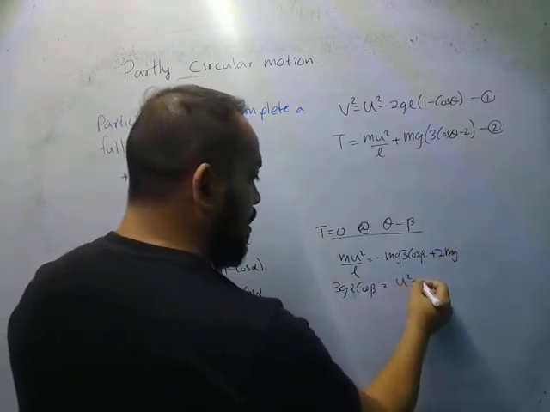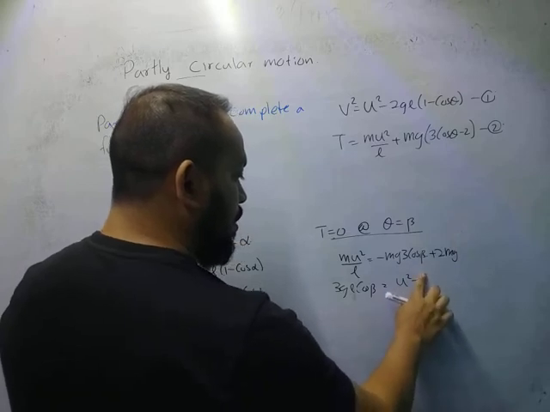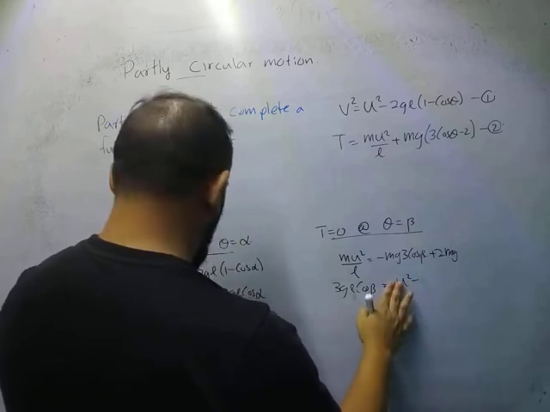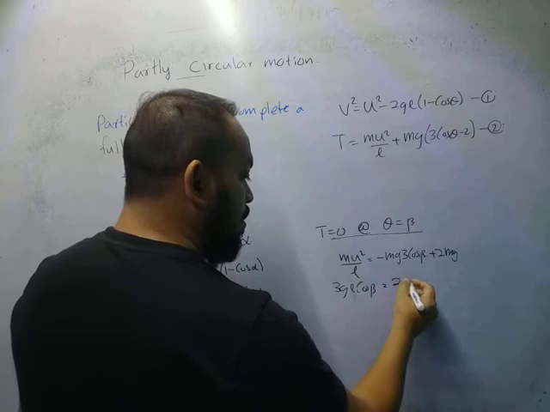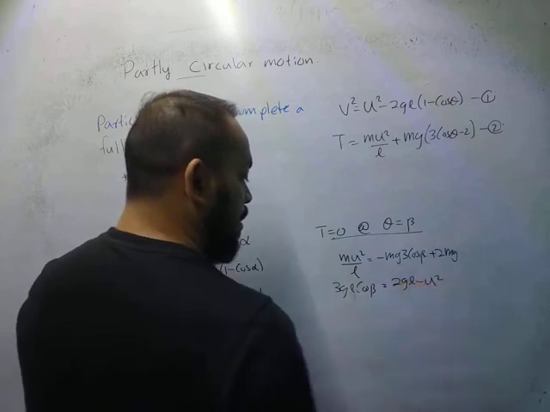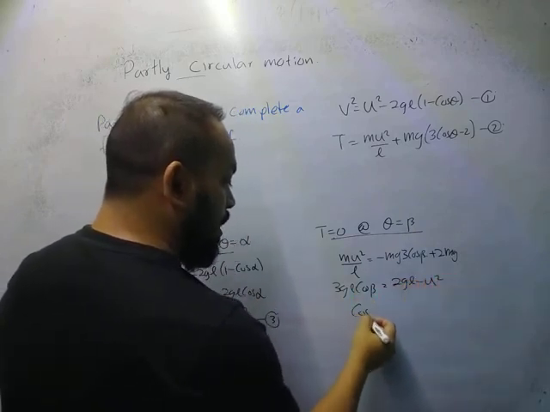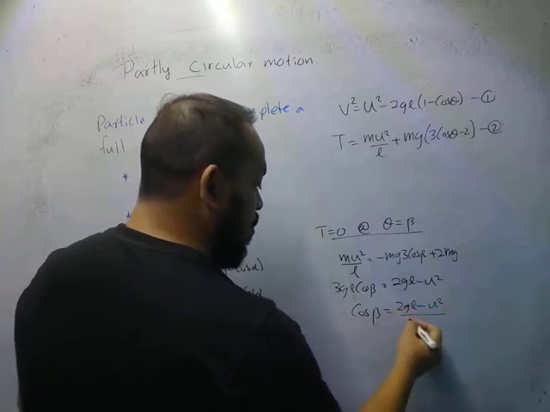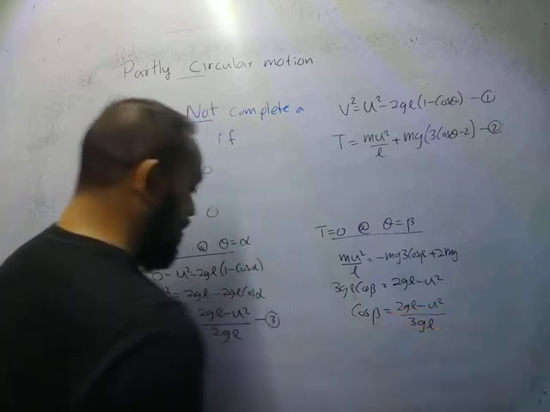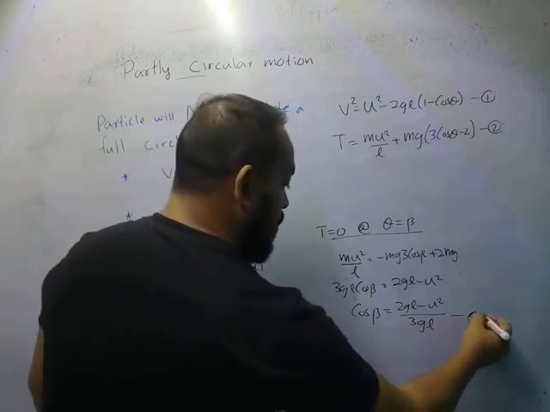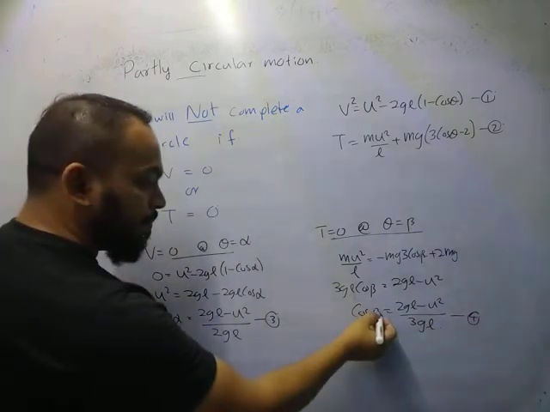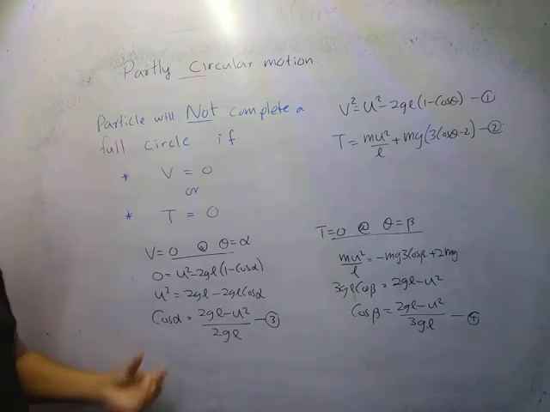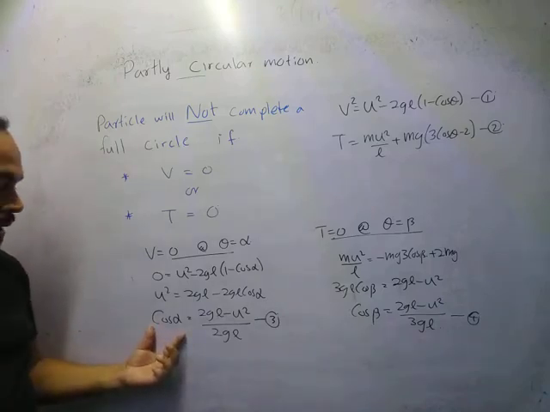So u squared minus 2gl minus u squared. So cos beta would be (2gl minus u squared) over 3gl. This is our fourth equation. Now look what happened, right? So this gives you a sense of what it is.